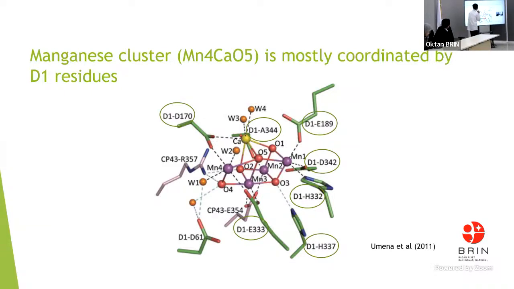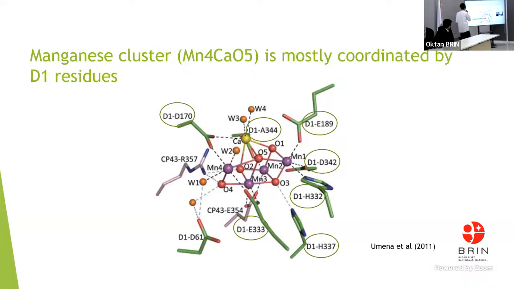The D1 protein coordinates around 7 ligands, while the other 2 ligands come from another protein called CP43. So D1 is considered conserved in cyanobacteria and plants. However, evidence suggests that D1 has variations.